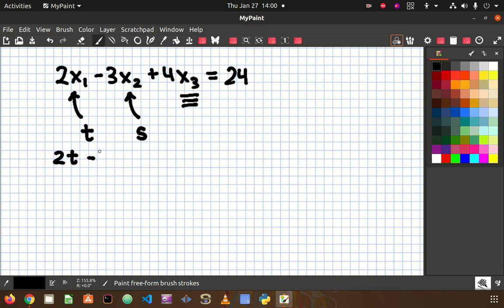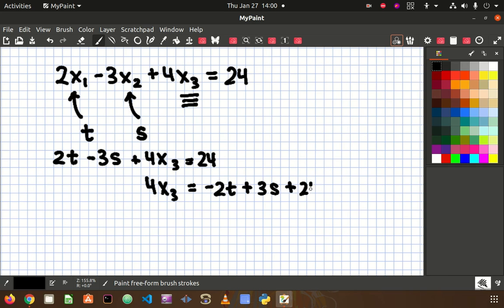And so 2t minus 3s plus 4x3 equals 24. Now we subtract 2t and add 3s to the other side. So 4x3 equals negative 2t plus 3s plus 24. And now we divide by 4.